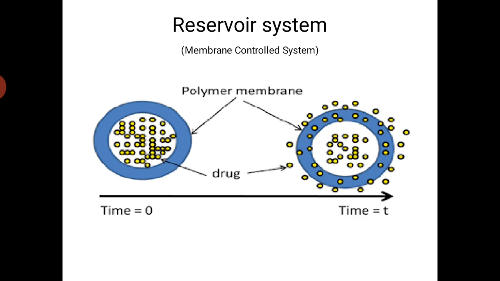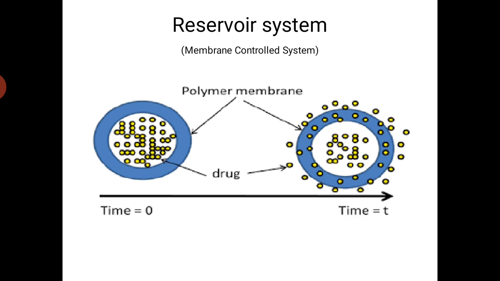You can assume a tablet, just an immediate release tablet. This tablet is a core material. If this tablet is coated with a polymer membrane, the membrane protects the drug molecule, or keeps the drug molecule inside the membrane.